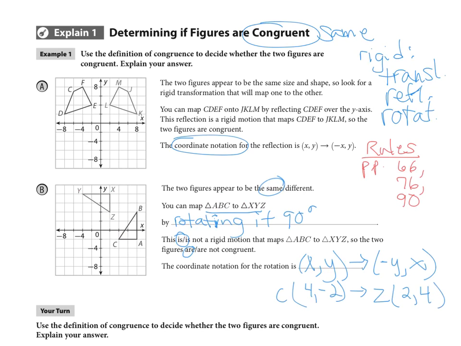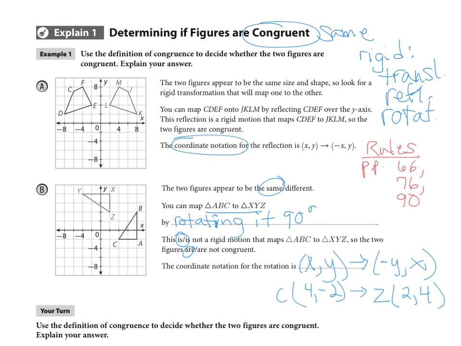So the question is, did that rule get followed? x and y not only changed places, which we did here, but we changed the sign of the y coordinate from negative to positive. So yes, that is following the rule. So we know we are all set with that one.